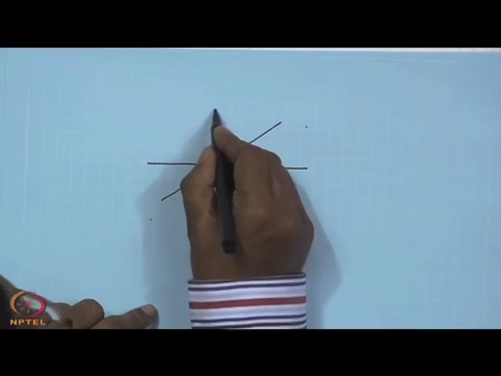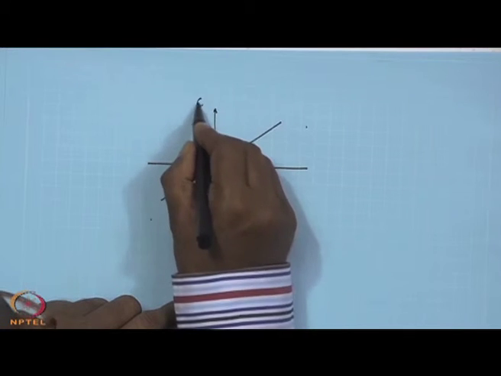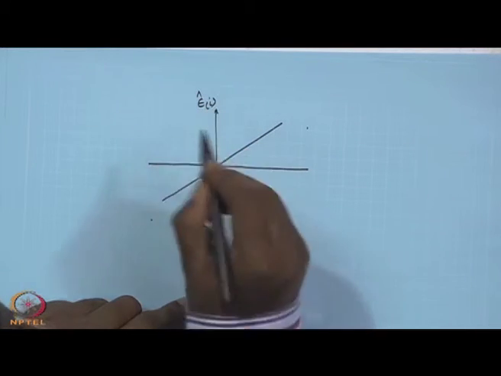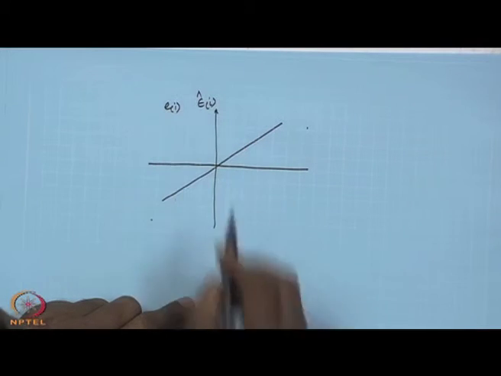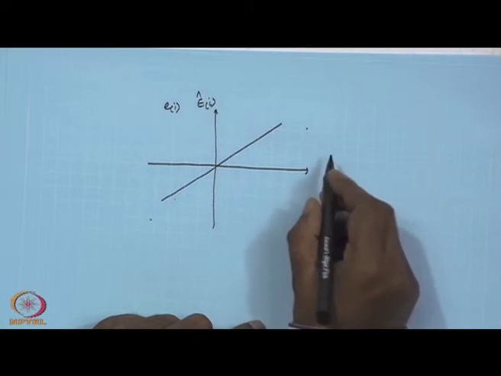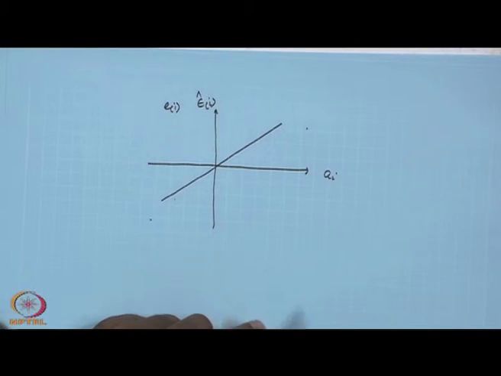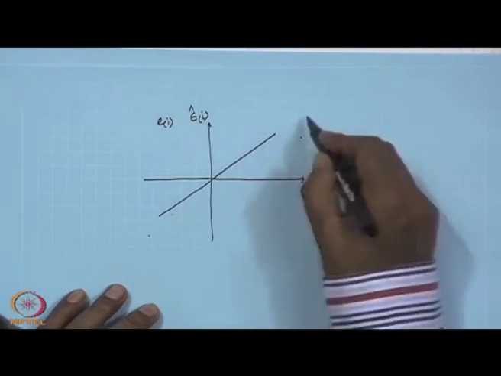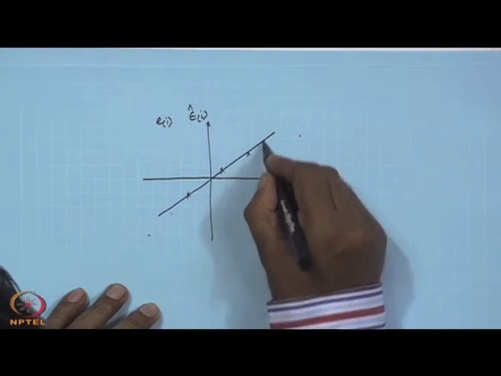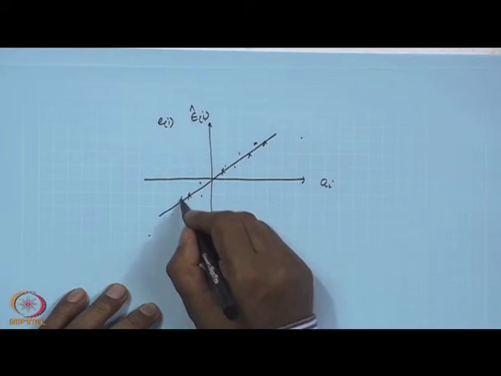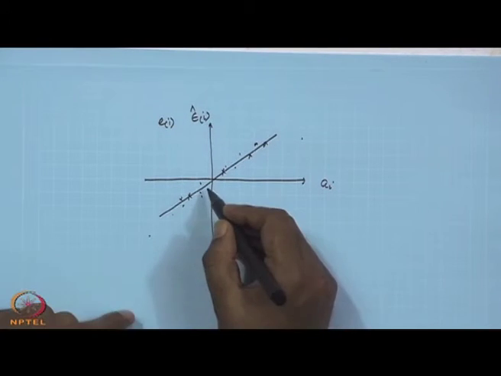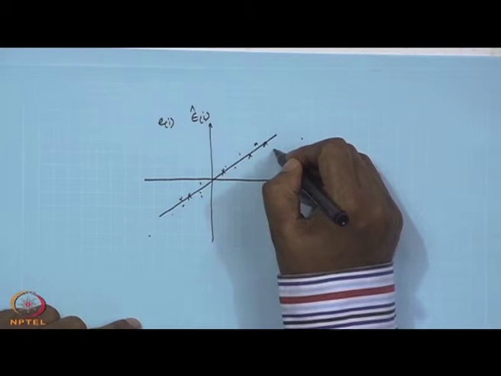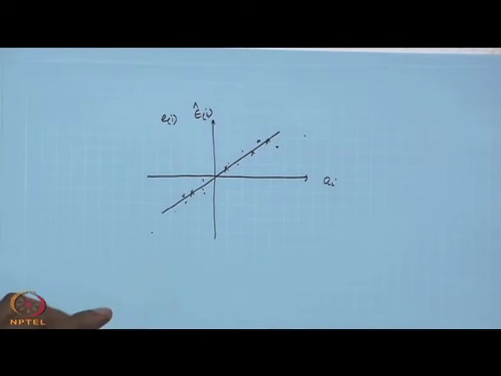Suppose on this side I write epsilon i or ei, and this side is the z value, what we are saying as ai here. The points should lie on this line or go around it, and if you get this type of plot, then the normality assumption is satisfied, otherwise not.